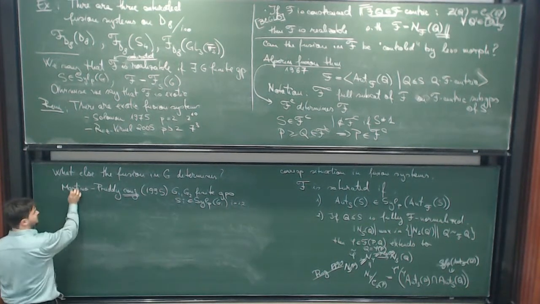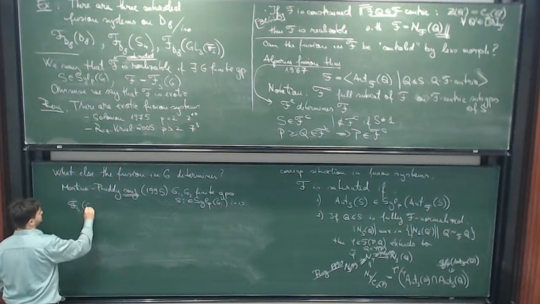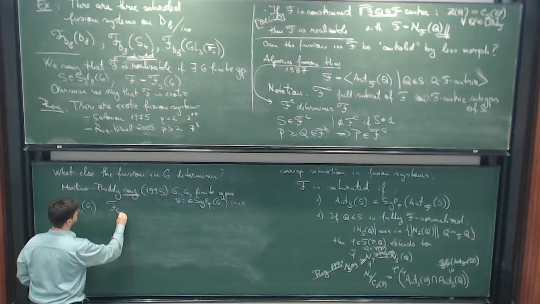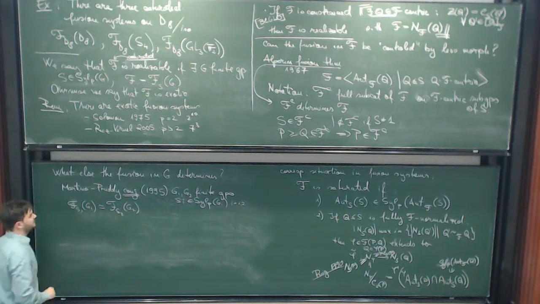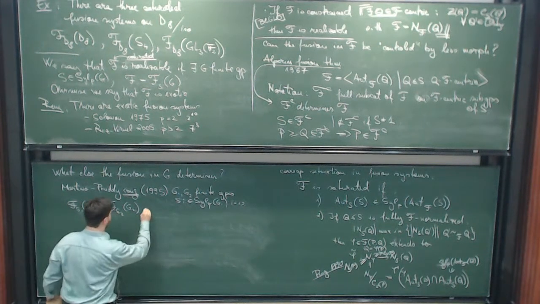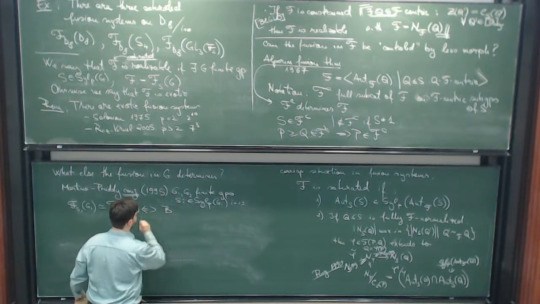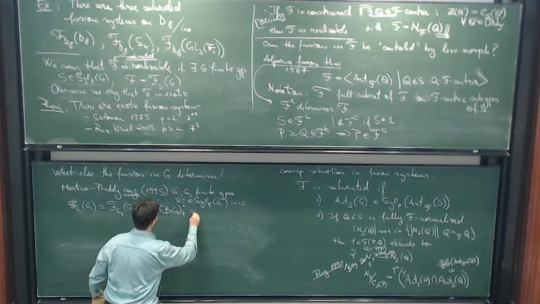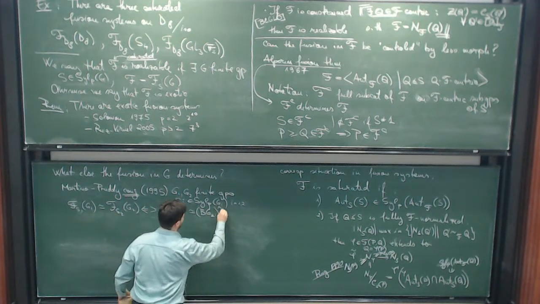If you look at the fusion systems given by G1 and G2 on S1 respectively S2, then they are isomorphic if and only if the p-completed classifying space of BG1 is homotopy equivalent to the p-completed classifying space of BG2.